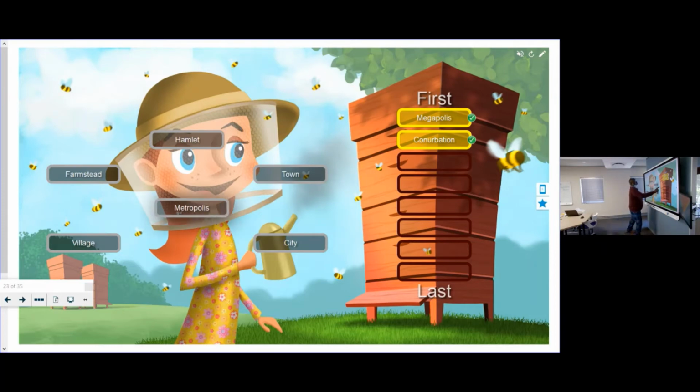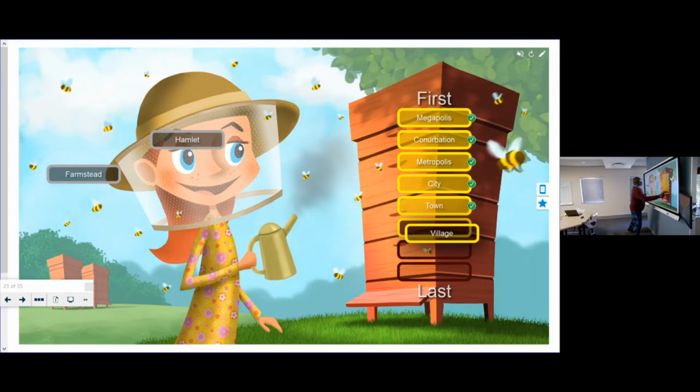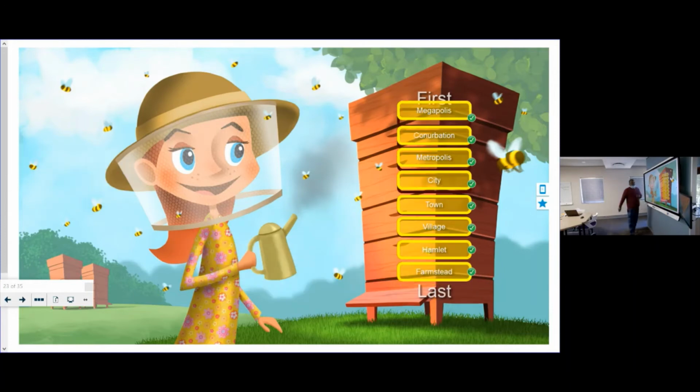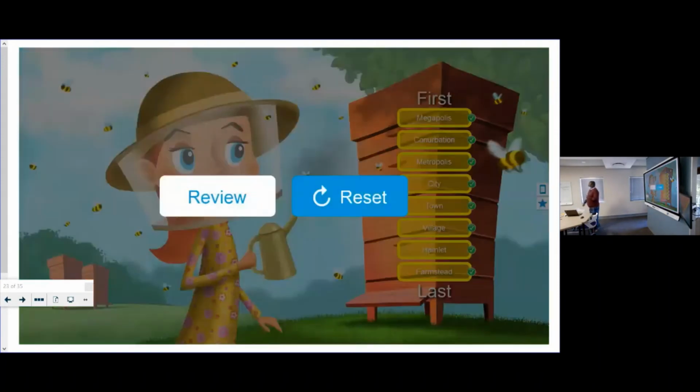Then I'm sure it should be Metropolis. From there, we go into a city, a town, and then the village. Yes. And hamlet, and lastly, your farmstead. Okay. Let me also give you an opportunity to do it on your devices.